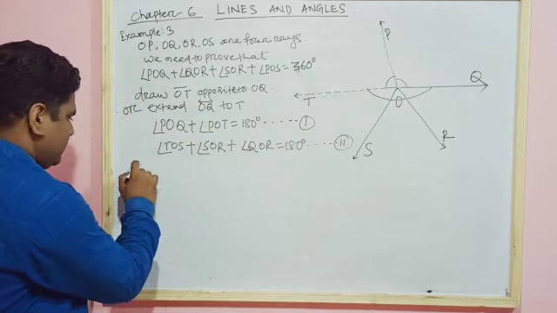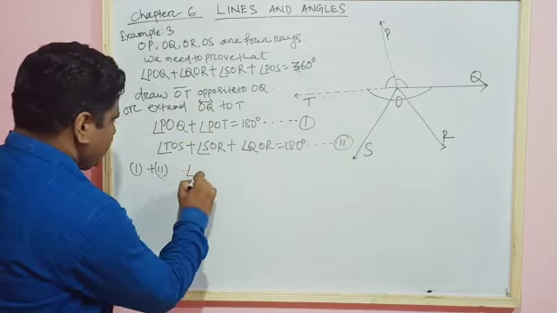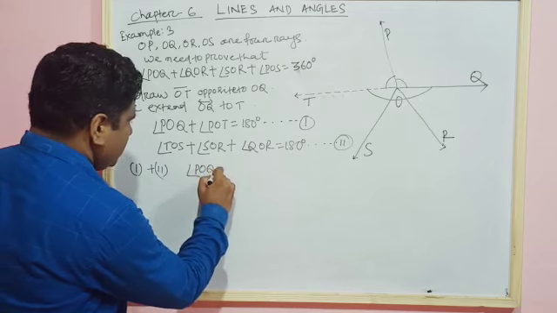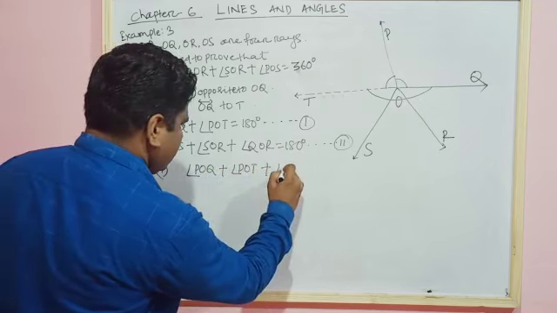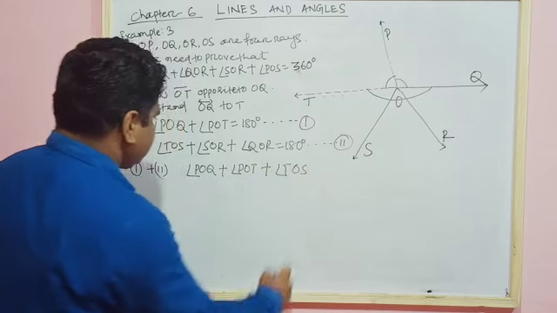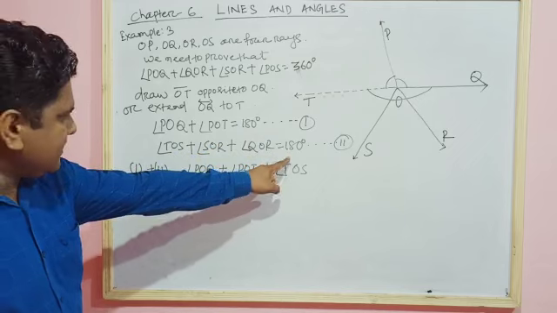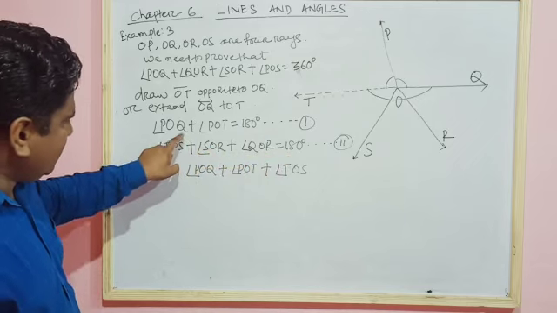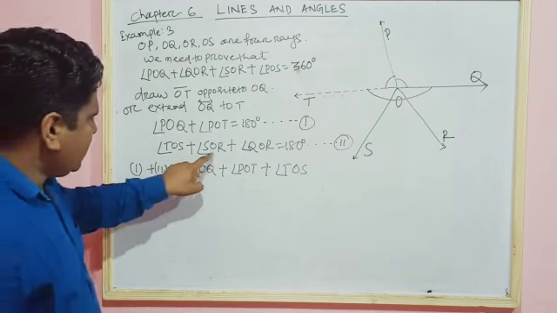Now add equation 1 and equation 2. We will get angle POQ plus angle POT plus angle TOS, meaning LHS plus LHS and RHS plus RHS. We have already written up to POQ, POT and TOS.